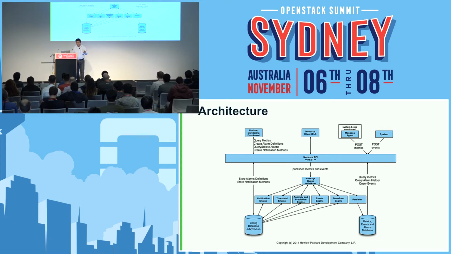And from there, at the back, there are a couple of engines that will take care of the data collected in the messaging queue. So we have a persister to persist all the data and store it in a time series database like InfluxDB. And then it also has the threshold engine to compare your metrics to see if they go above the threshold level and trigger the notification to do the actions.